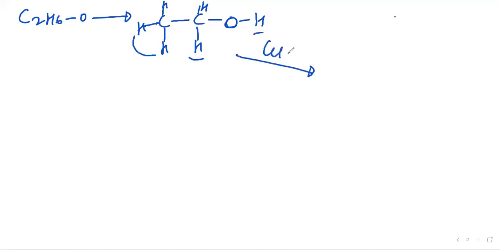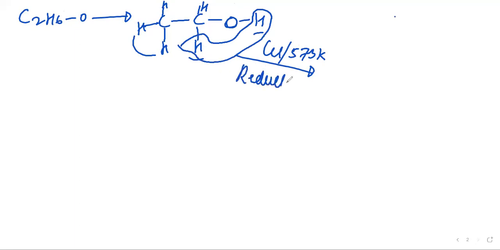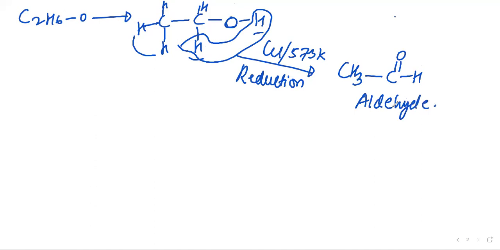This is oxidized by copper at 573 Kelvin and converted into an aldehyde, with removal of hydrogen. So it will be CH3C=OH, with H2 removed. Now we have obtained the aldehyde.